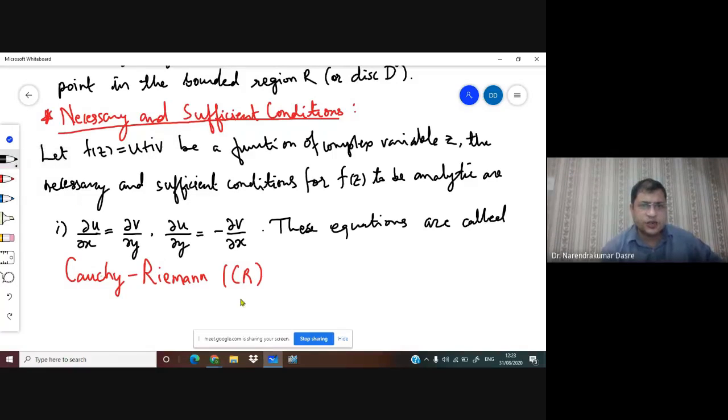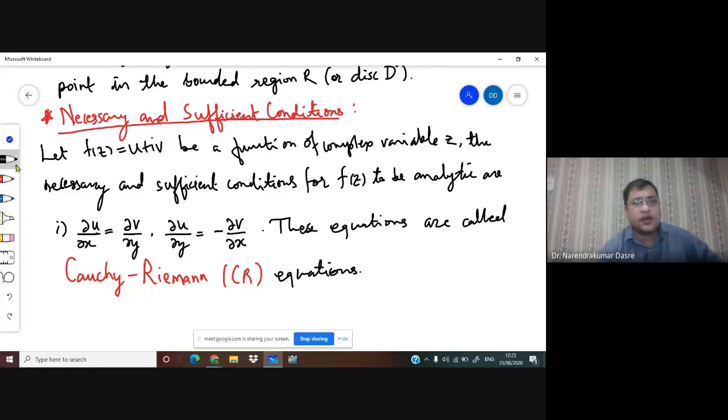So in abbreviation, you can have CR equations. So these are called CR equations or Cauchy-Riemann equations: ∂u/∂x = ∂v/∂y, and ∂u/∂y = −∂v/∂x. These are necessary but not sufficient, and that's why we need to know the necessary and sufficient conditions. So this condition is necessary but not sufficient.